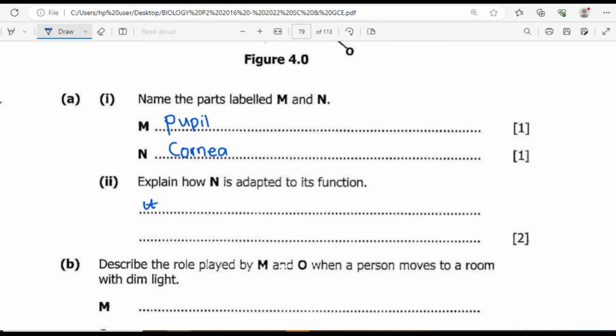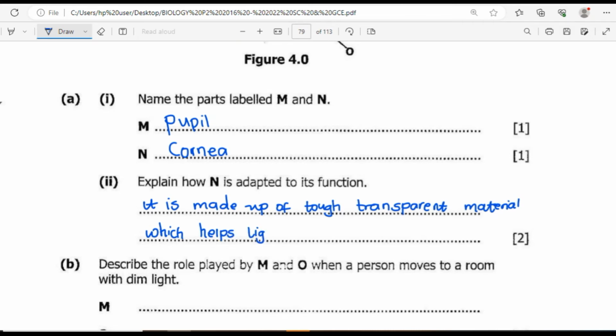So we say it is made up of tough transparent material which helps light to bend so that we have a clear image.